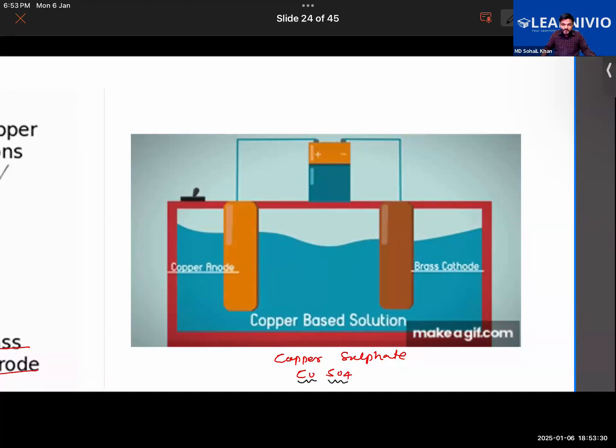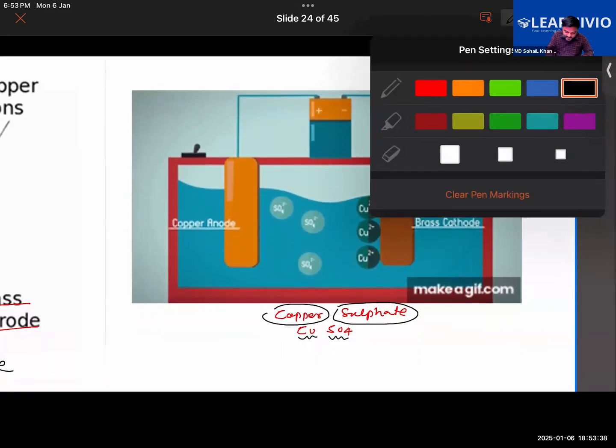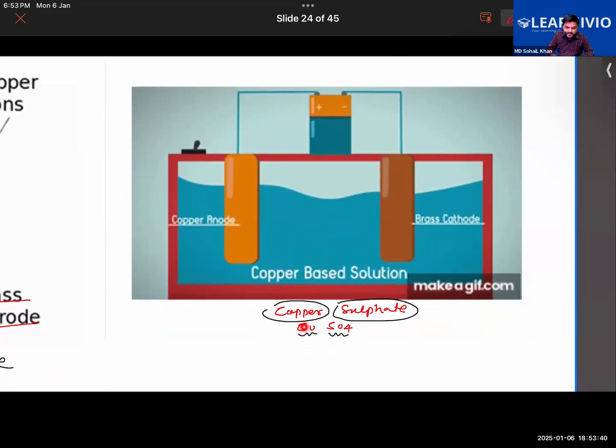Is it splitting into copper and sulfate? Yes, sir. Right. And always keep in mind that the first element of the given compound is the positive ion. So what do we call the positive ions? Yes, cations, exactly.